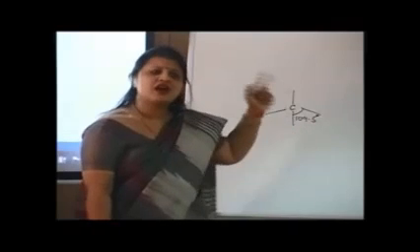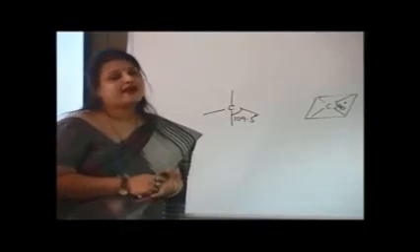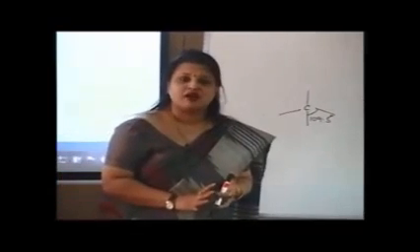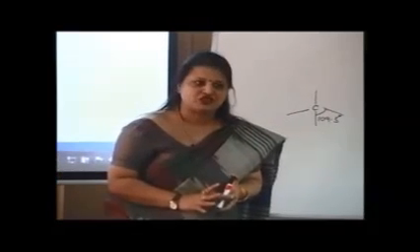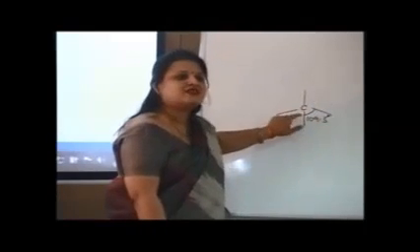When we have four atoms surrounding this atom, there is another possibility: the atoms could be placed at the corners of a square, giving a square planar structure. Now, according to the VSEPR theory, we are basically focusing on minimum repulsions, so which of the two is the better option?